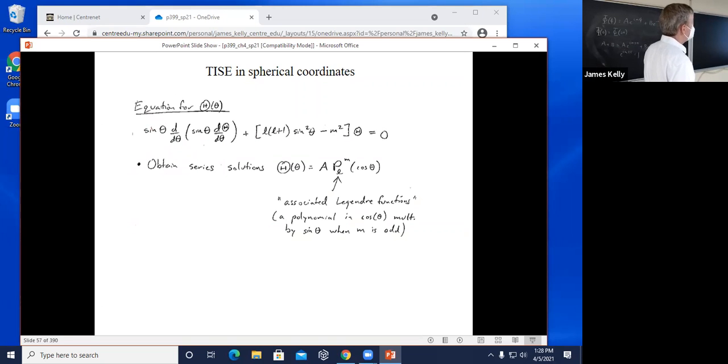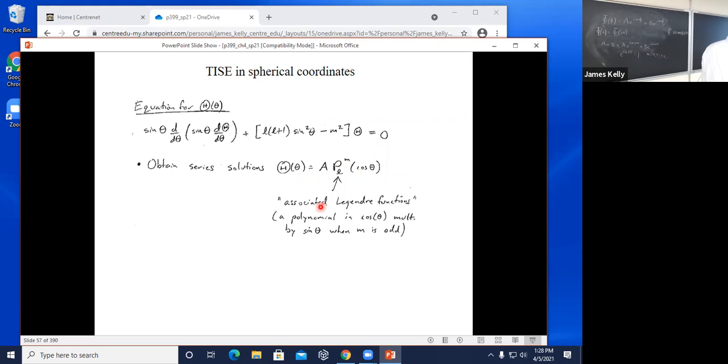And at this point, there's nothing simple. This is not the harmonic oscillator differential equation. We have to get serious and look for a series solution. And when you find a series solution for this, the way you at least did a little bit in differential equations, the solutions are called the associated Legendre functions.